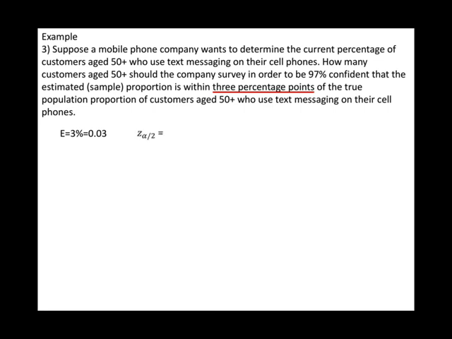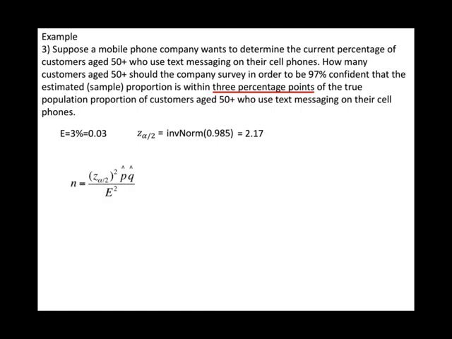Now, find the critical value. We are working on 97%. We are working on a 97% confidence level. You should get this one. Okay, you could get 2.17.